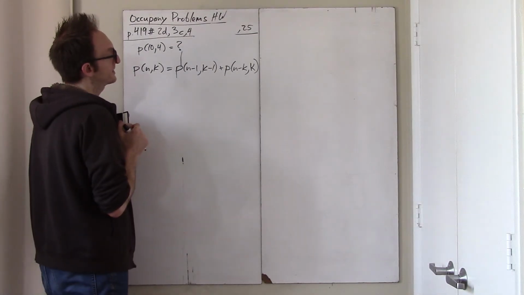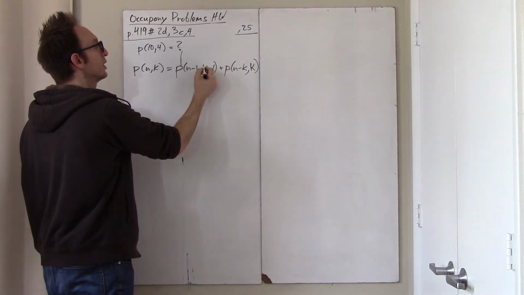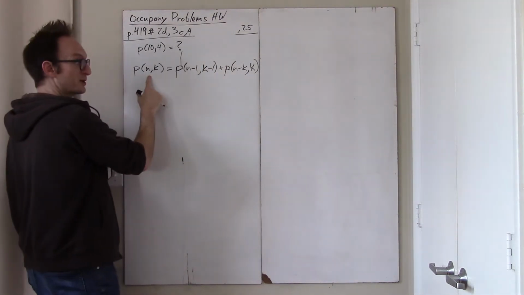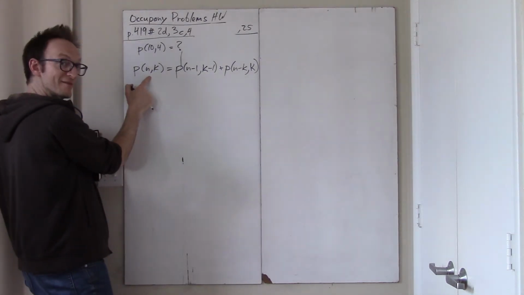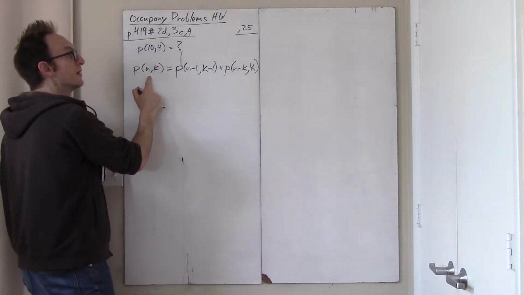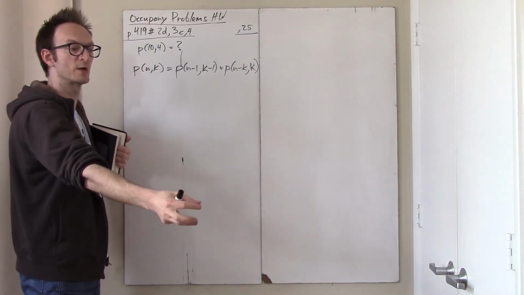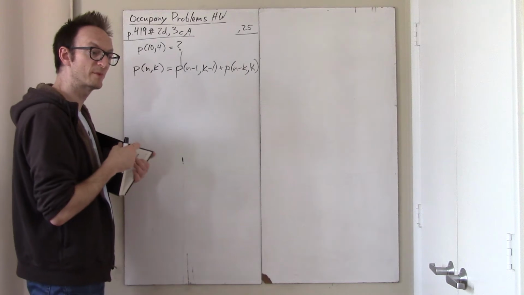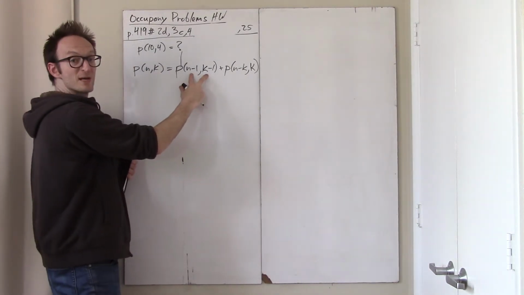So if there is going to be at least one puppy alone in a pile, so consider partitions for which a lone sad puppy exists in one of the piles of that partition. Well, if that's the case, then once you tell me that a puppy is going to be alone, the problem boils down to just distributing the n minus 1 puppies to the remaining k minus 1 piles.